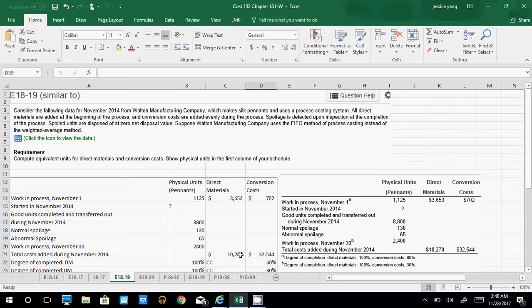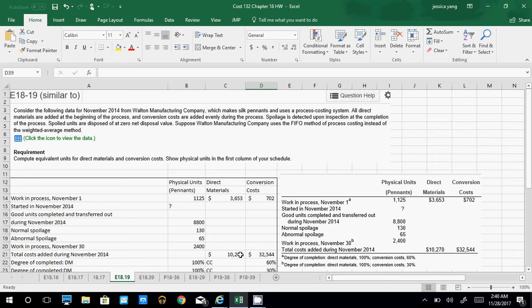Suppose Walton Manufacturing Company uses the FIFO method of process costing instead of the weighted average method. Requirements: compute the equivalent units for direct materials and conversion costs. Show physical units in the first column of your schedule.